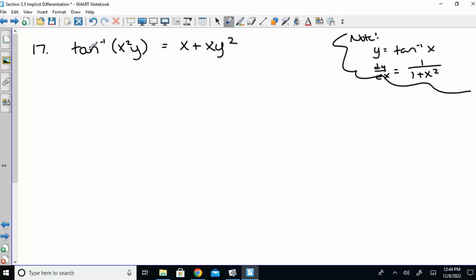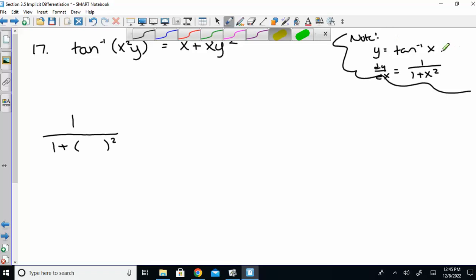So let's start on the outside. Derivative of the outside. This is tangent inverse. So we know the derivative of tangent inverse is 1 over 1 plus. Okay, our formula says x squared, but what you need to realize is that x is just the angle here.